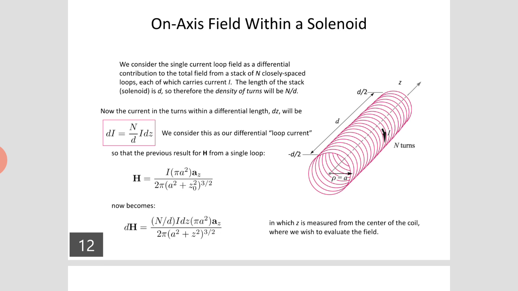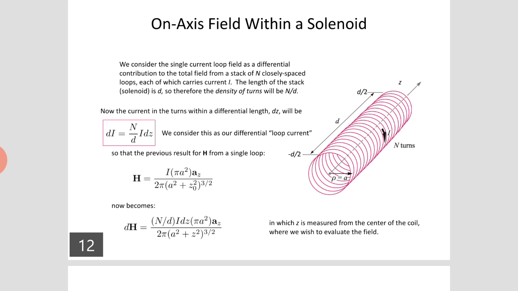We can call it a differential field, and each loop carries a current I. The total length of the stack, that is the solenoid, is d. Therefore the density of turns will be n by d, as the total number of turns is n over length d.